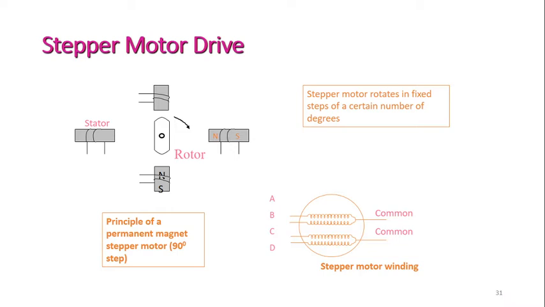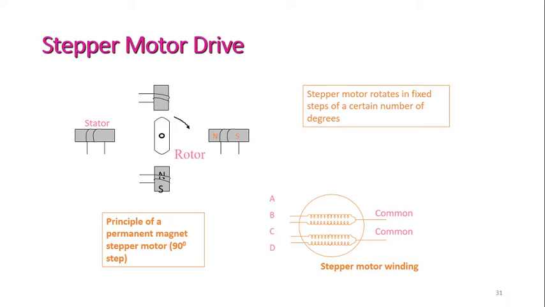So it is a stepper motor case now. The construction is that it has coils. Here I am taking a four-phase stepper motor. Four-phase stepper motor means four coils are there, and they act as the stators.